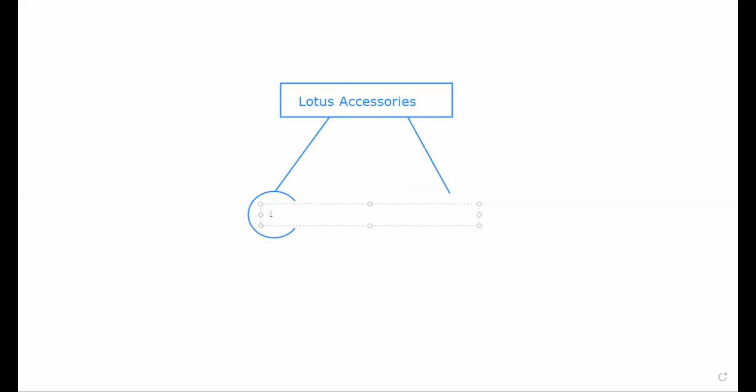It sells lamps, remember, gas lamps. And then it also sells gas stoves.